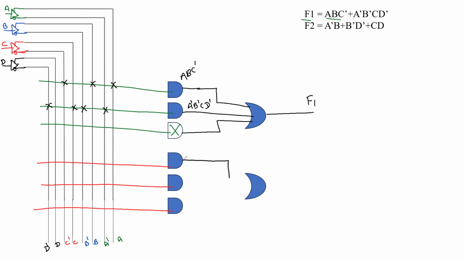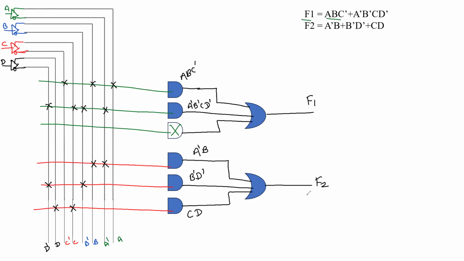The first product term here is A dash B. So this connection will be A dash, and next we have B. The second product term is B dash, B dash, so B dash, and next we have B dash here. The third one we have is C D, so it should be connected to C and D. So this is the output for F2.